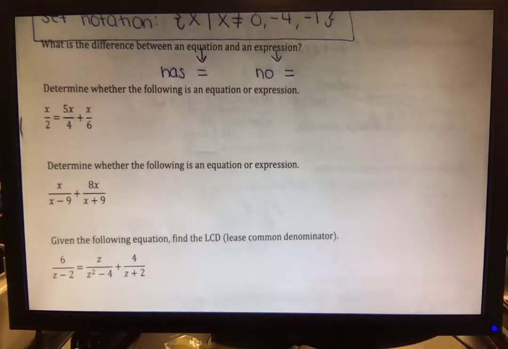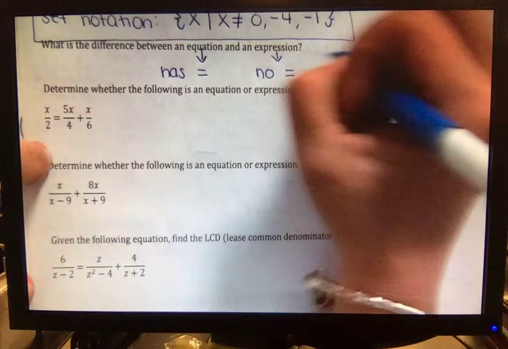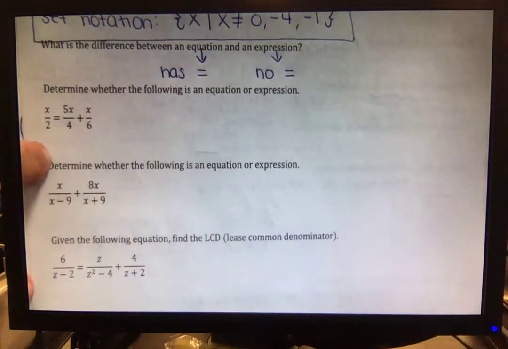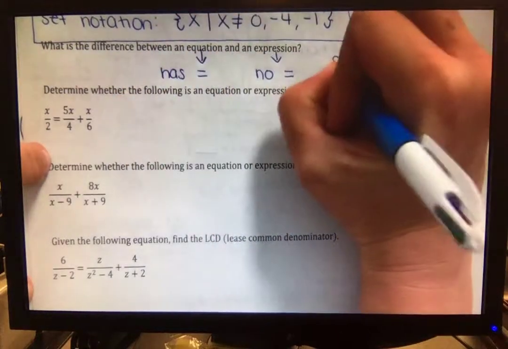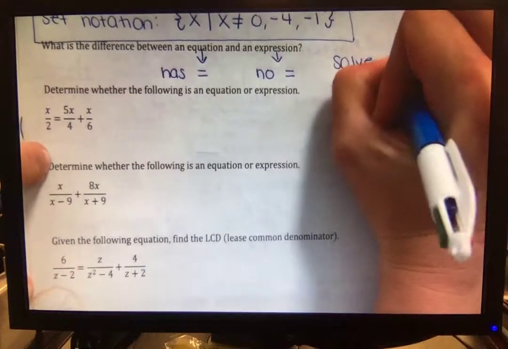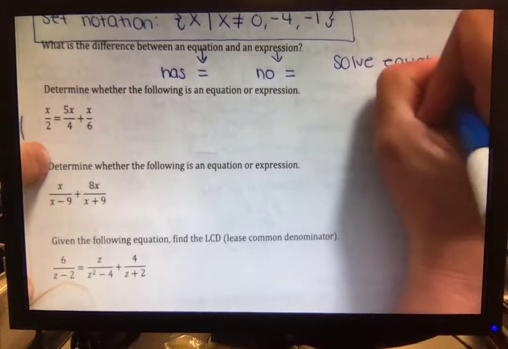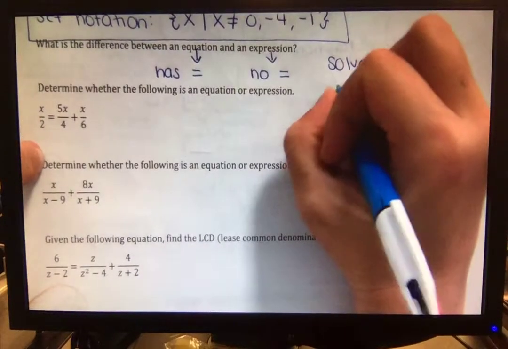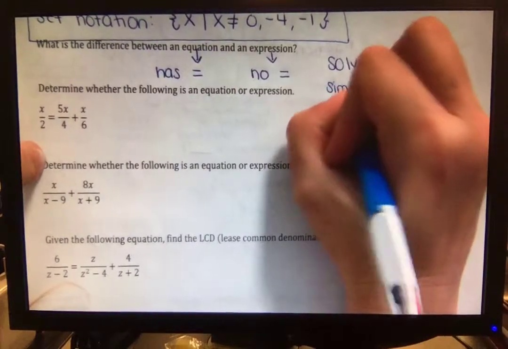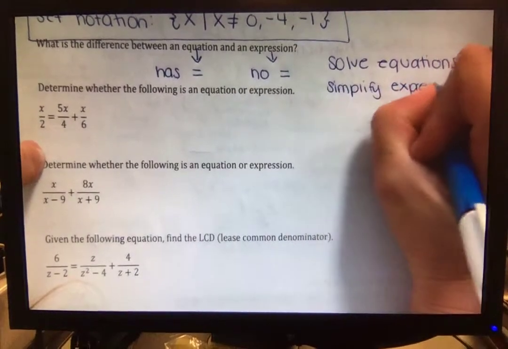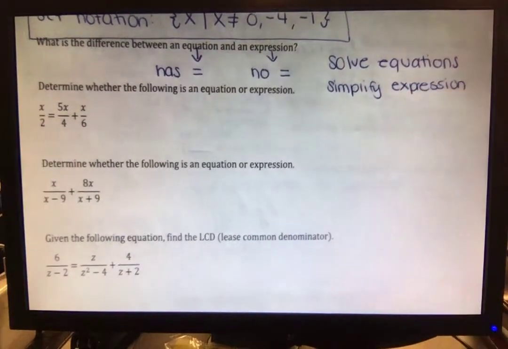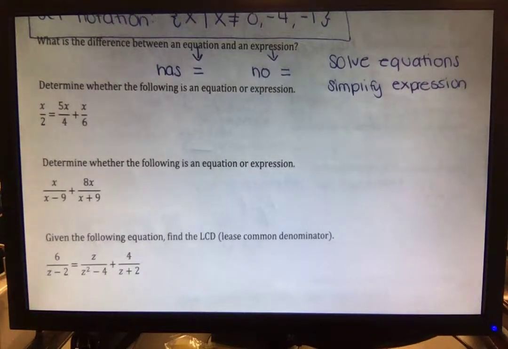For an equation we're solving, we're looking for x equals. So for equations we solve, and for expressions we simplify. There's no equal sign, so I can't get x equals in an expression.